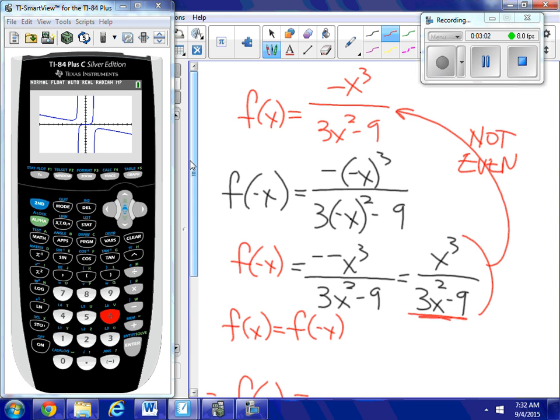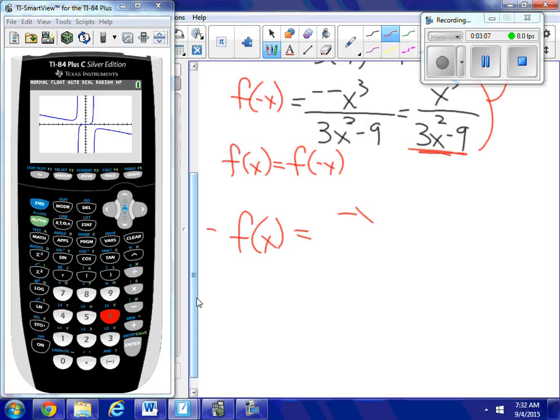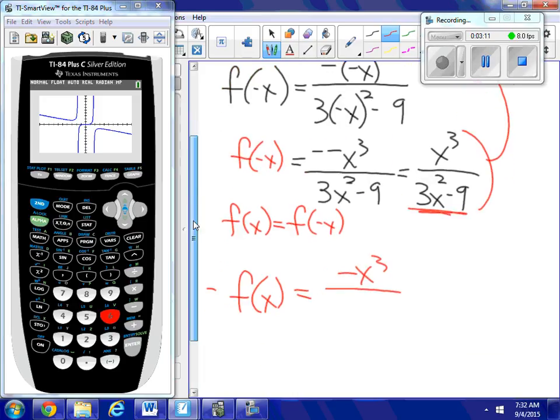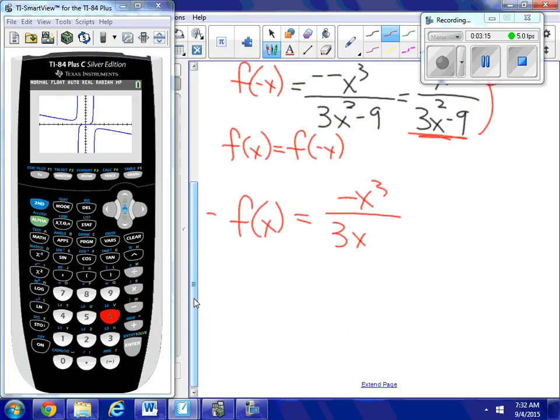I take f of x, which is x cubed divided by 3x squared minus 9. And all I do is I put that in parentheses, that was f of x, and I stick a negative sign in front of it.